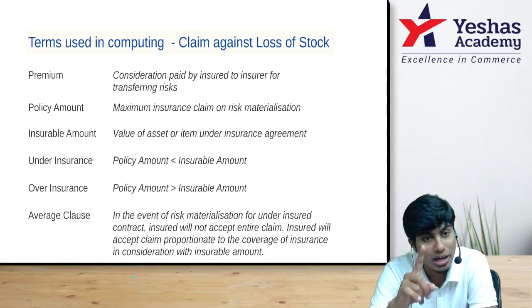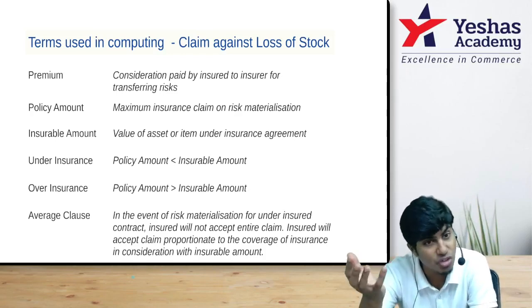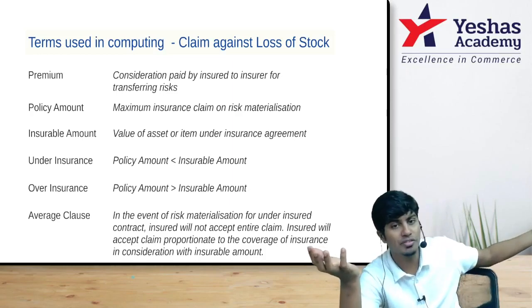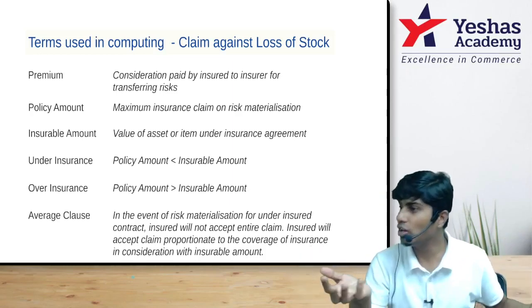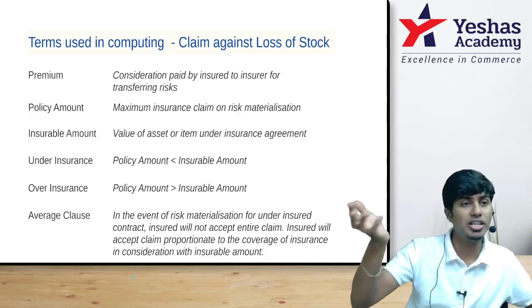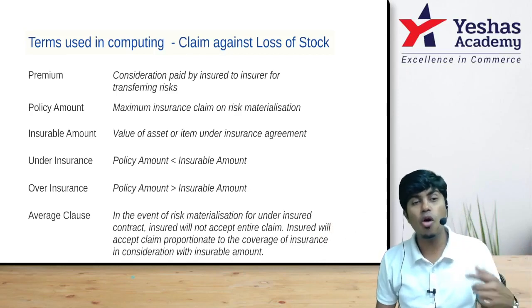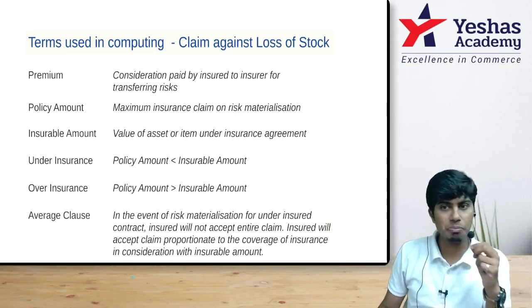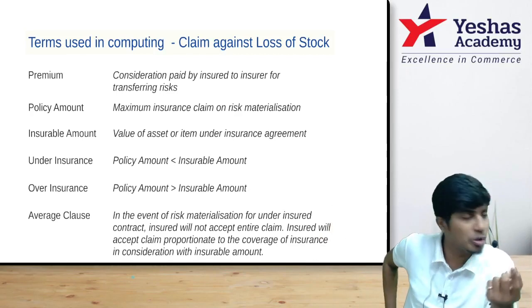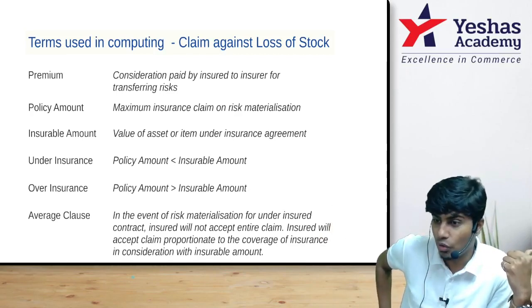But this is called under insurance. Policy is for 1 lakh. The insurable amount, or the value of the stock, is 1,20,000. The policy amount is 1 lakh. Did you understand? The second one is called over insurance, where we have taken a policy for 1,50,000 worth of stock because our godown capacity is 1,50,000 and I'm expecting to fill the godown very soon.